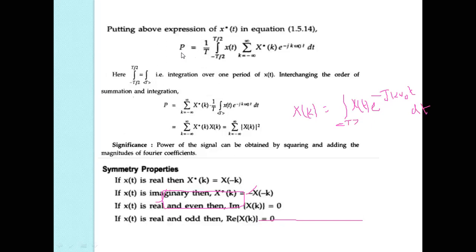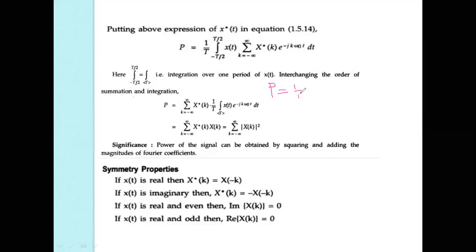So now P is equal to 1 by T, the integral from minus T by 2 to T by 2 of x of t, with x star of t replaced with the sum of k equal to minus infinity to infinity of x star of k e power minus jk omega naught t dt. Now rewrite this expression. P is equal to 1 by T, the integral from minus T by 2 to T by 2.